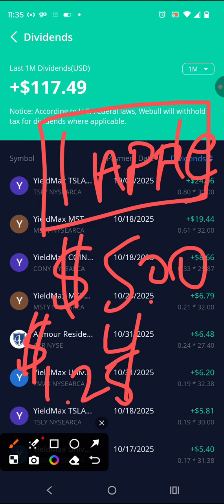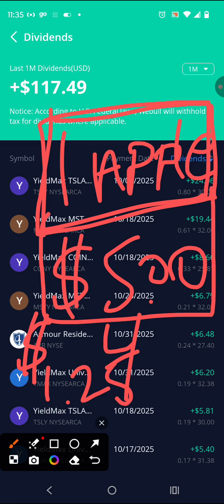In my case, I like to get dividends that pay monthly. So with that being said, you know that for having 1 share of Apple, you get paid $5, and it's going to get broken up into 4. 3, 6, 9, 12.